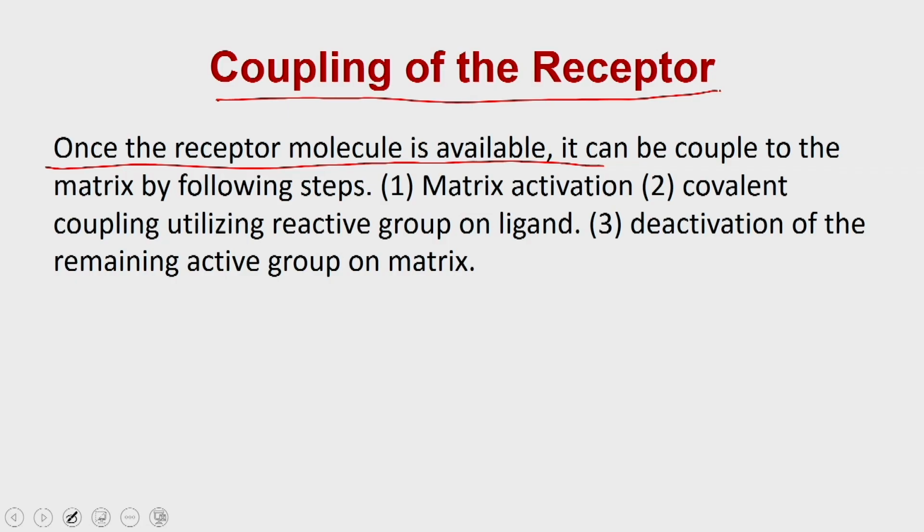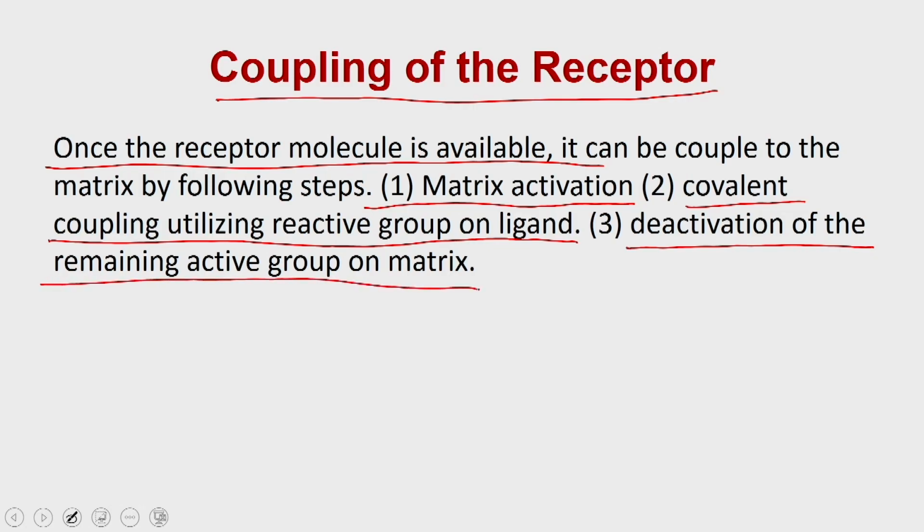This coupling reaction is done in 3 different steps. First, you are going to do matrix activation, then you will do covalent coupling utilizing reactive groups on the ligands, and third, you are going to deactivate the remaining active groups present on the matrix.